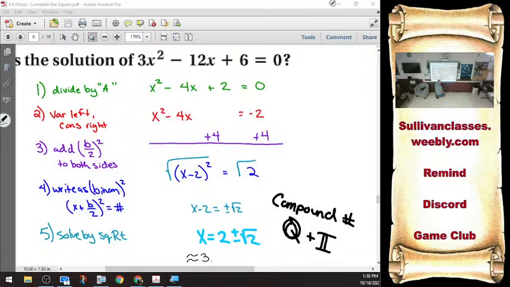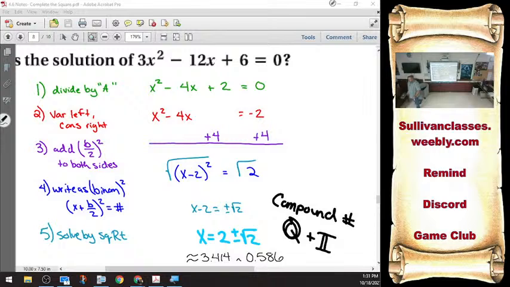Square root of 2, 1.412, I think. 1.414? Oh, okay. And 2 minus that is going to be about 0.586.